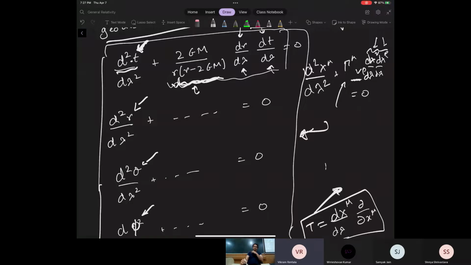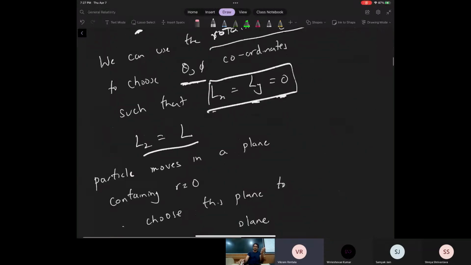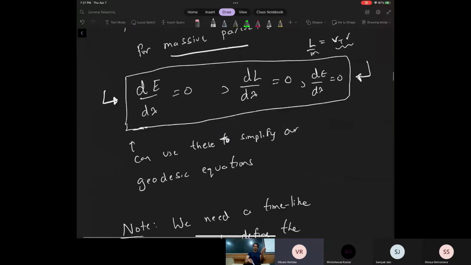These 4 equations guarantee that dE/dλ is 0, dL/dλ is 0, and dε/dλ is 0. So instead of using those original 4 equations, we can use these 3 equations plus any one of those equations, and that gives us four new equations to work with. This makes it rather simple.